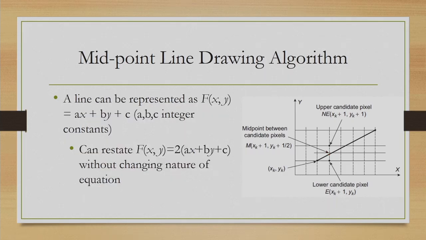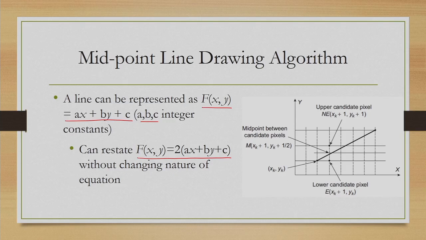Now, we can represent a line as shown here with this expression, where a, b, c are integer constants. We can restate this equation by multiplying by 2 and get this expression without affecting anything in the equation.